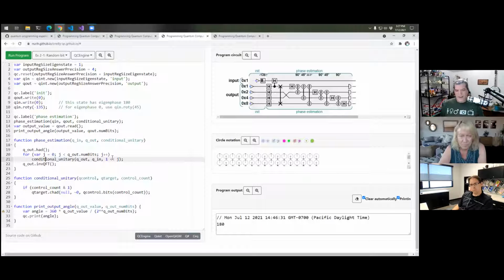Now, this is where I'm a little bit lost on the code, because it's looping based on the output register number of bits, which is 4. So there's 4 qubits in our output register, and that's what this for loop is doing.